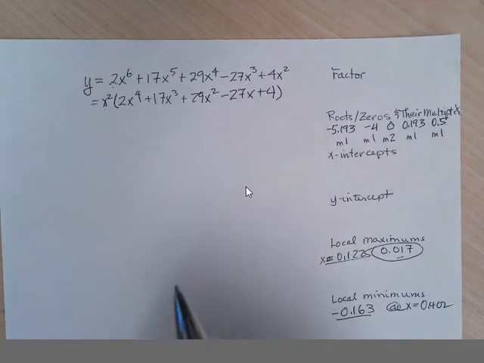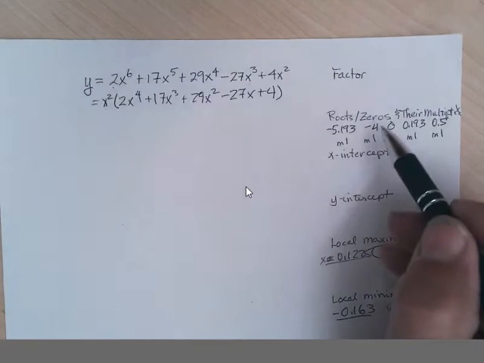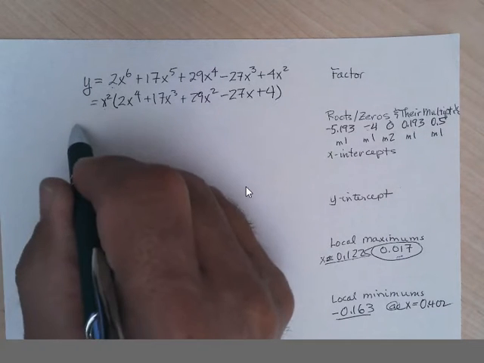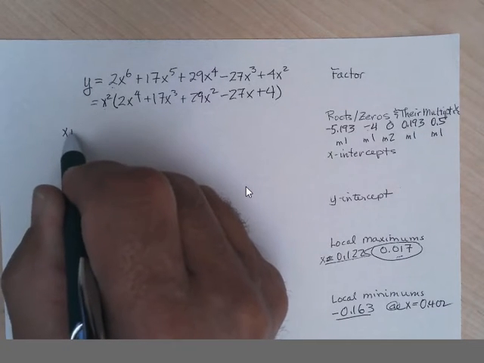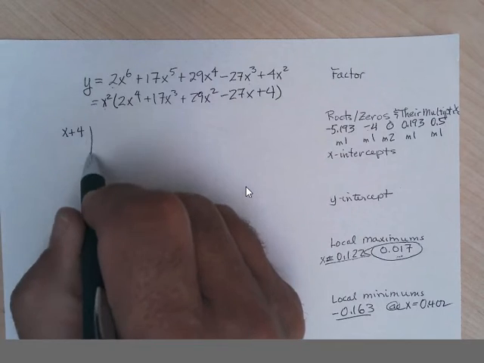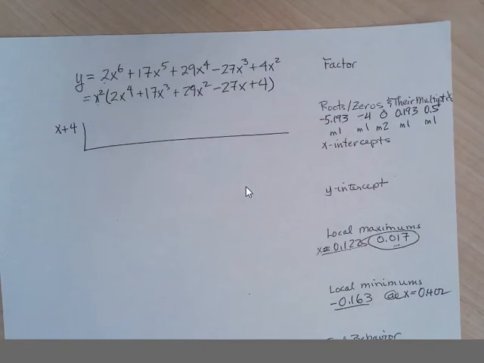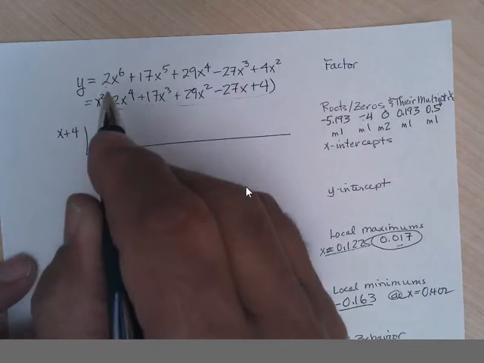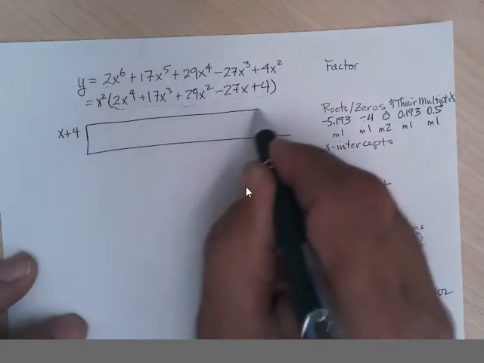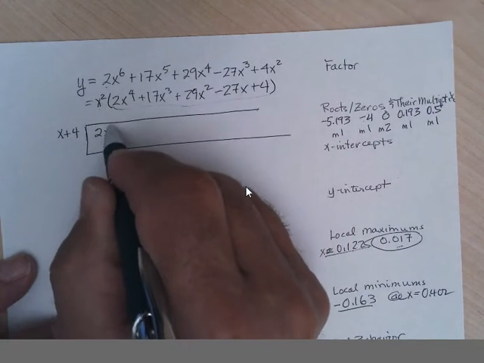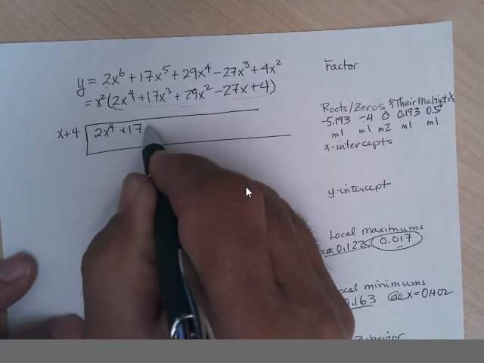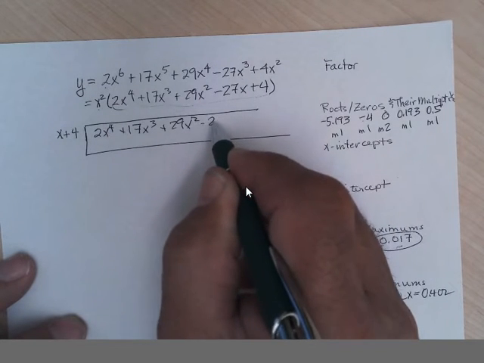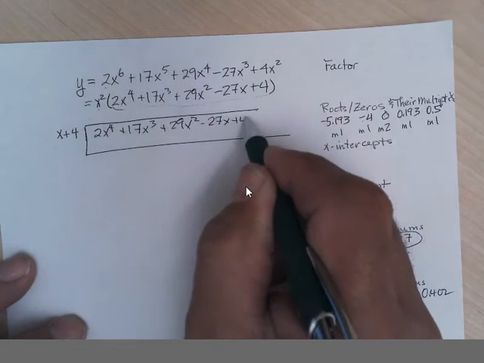So the next thing I'm going to do is try to find the nice ones, and negative 4 looks like a pretty nice one. That means if I'm going to do long division, I do x plus 4 into this part only. I put the sign the wrong way here. 2x to the 4th plus 17x to the 3rd plus 29x squared minus 27x plus 4.